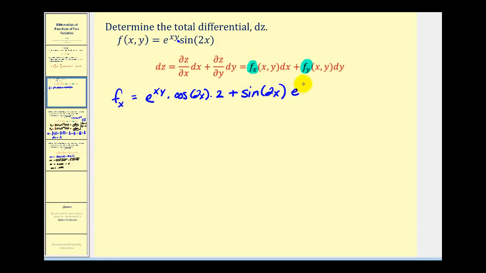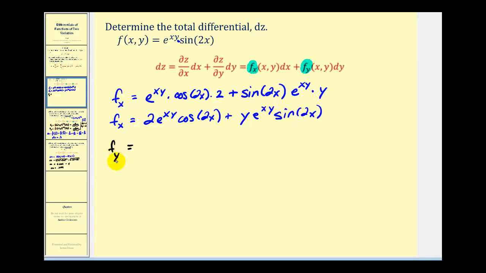So we'll have e to the xy times y. Let's go ahead and clean this up. So we'll have 2 e to the xy cosine 2x plus y e to the xy sine 2x.